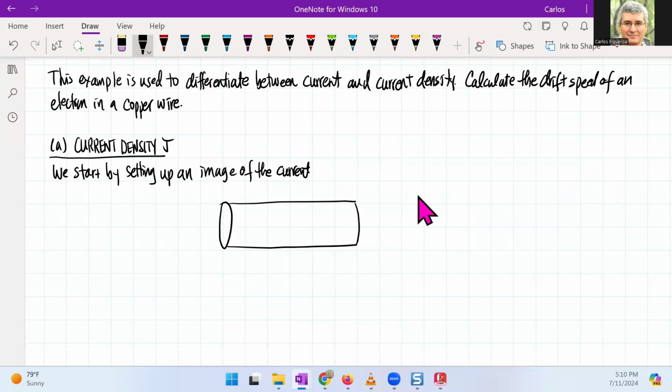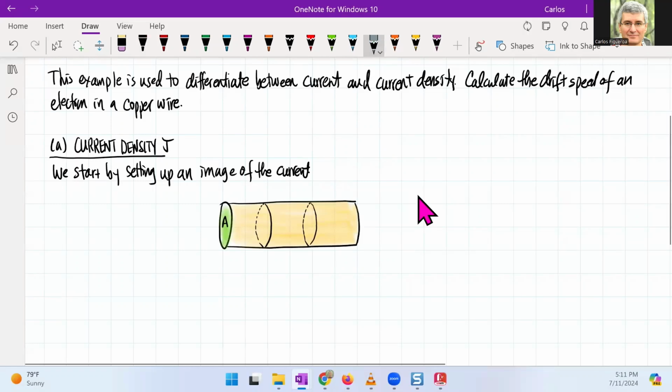And when I'm looking at the cylinder, I know that there's a cross-sectional area, which is A. And then if I'm having a copper wire, we'll color it yellow. And now we have to talk about the concentration first. So when I'm looking at the concentration, I'm imagining that I have a cylinder within the copper wire. So you could see that this is at one end right here, and then this is the other end.